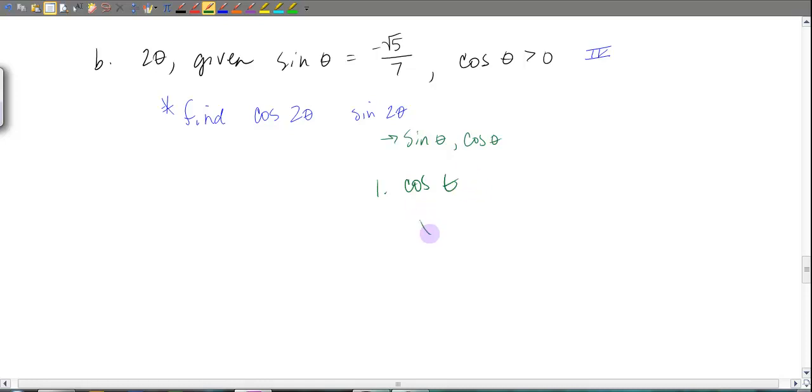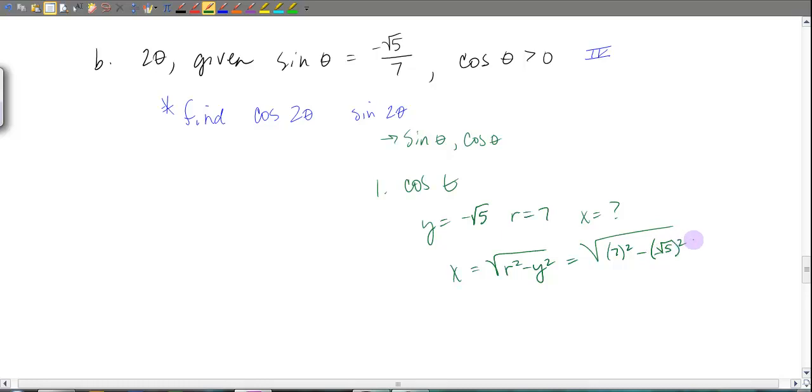If I know that Y is negative square root of 5, R is 7, then I'm looking for X. So X is going to be the square root of R squared minus Y squared, which is the square root of 7 squared minus negative square root of 5 squared, which would be 49 minus 5, which would be the square root of 44.